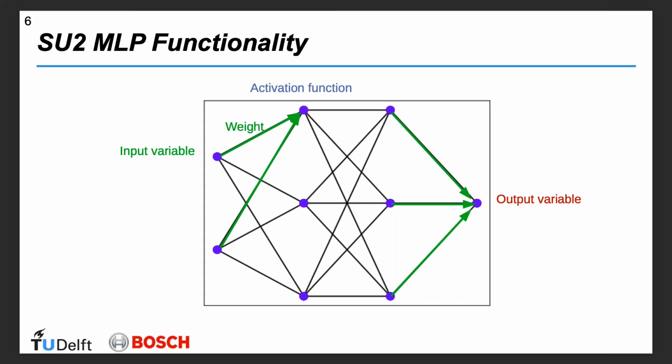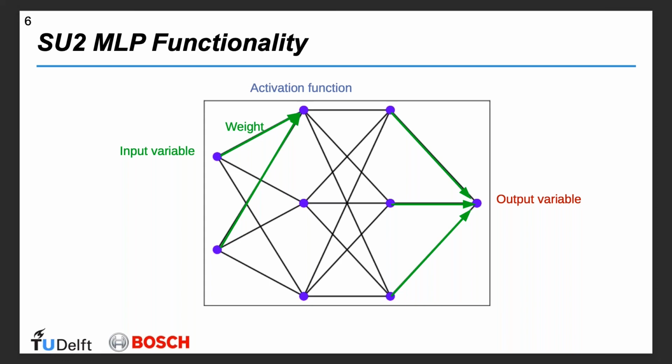The evaluation process starts with an input variable, which is a number. It's given to one of the two input variables. This input is multiplied by a weight and transported to the next neuron. This is then repeated for all the inputs until the next neuron, so you have a weighted sum.